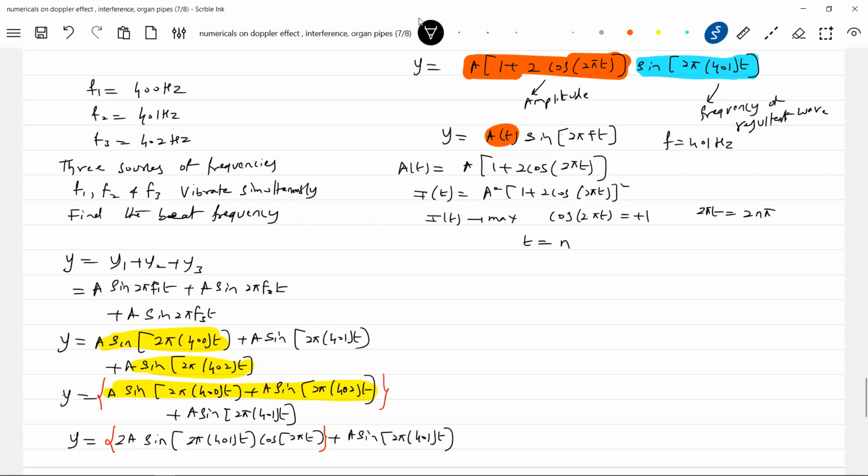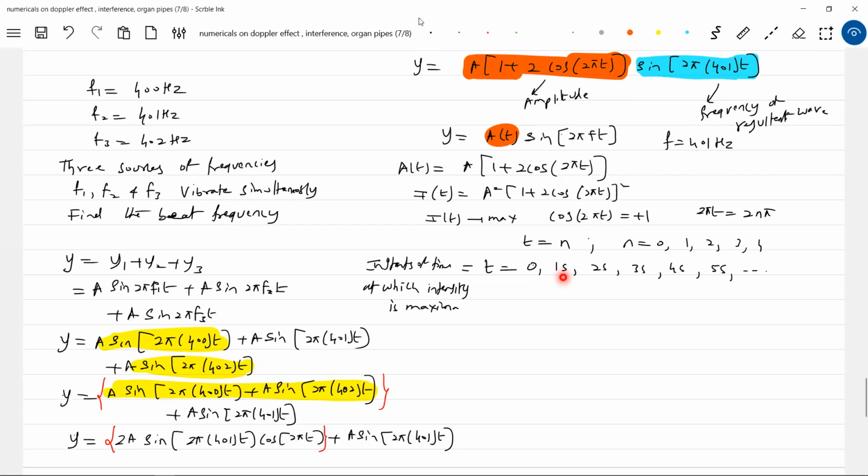What are the values of n? n will start with 0, 1, 2, 3, 4. So therefore, t equals 0, 1 second, 2 seconds, 3 seconds, 4 seconds, 5 seconds, and so on. What are these? These are the instants of time at which intensity is maxima.